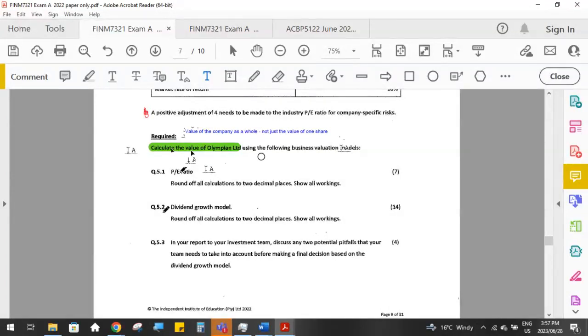And then obviously in practice, we compare the valuation that we've done for the company to the market value, using the current price that the share is being traded at, to see whether the current market price is overvalued or undervalued.